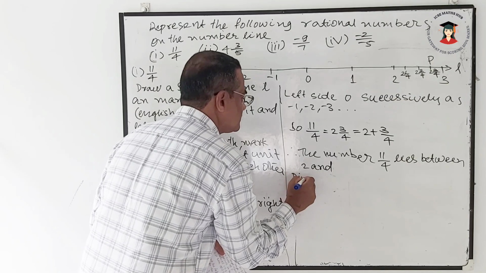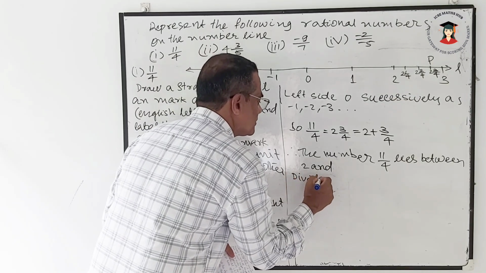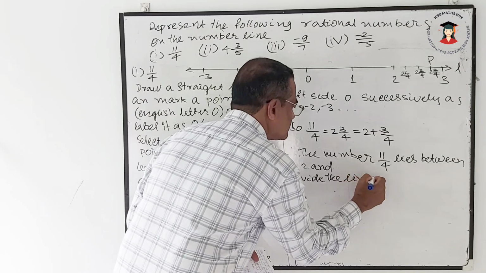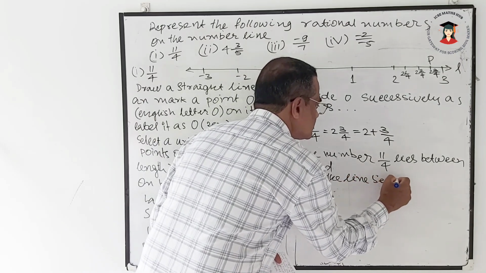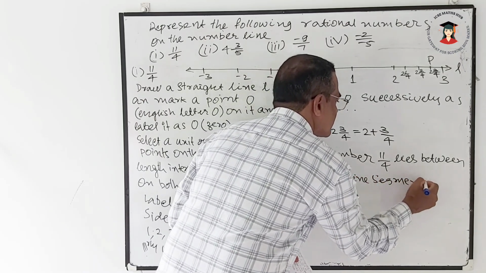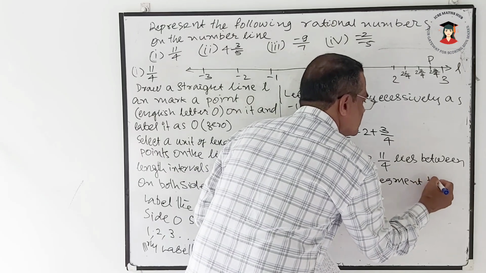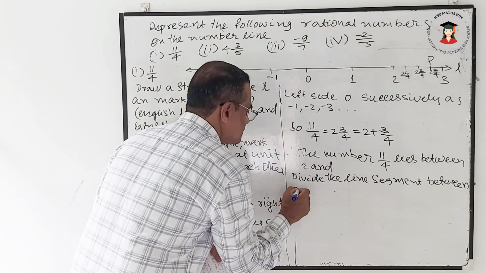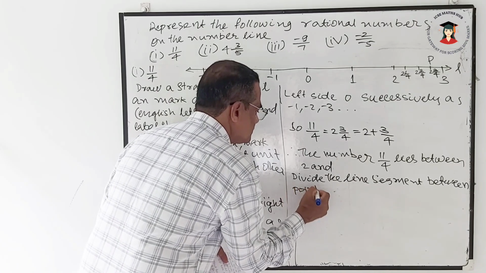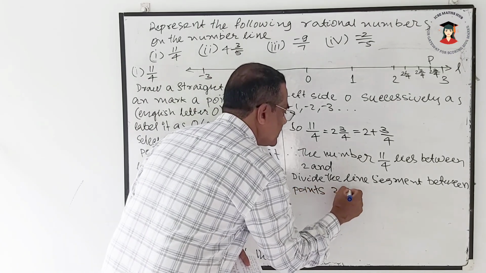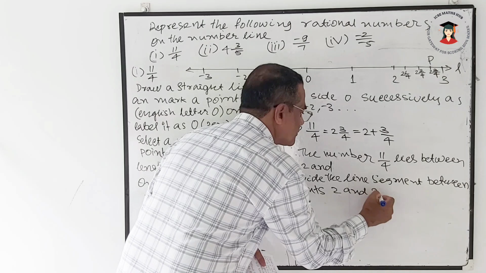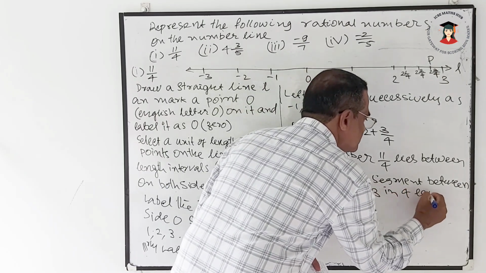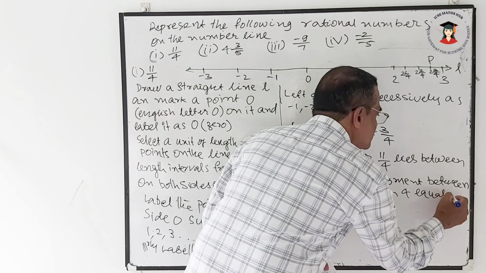Divide the line segment between points (2 and 3) into 4 equal parts. Equal parts.